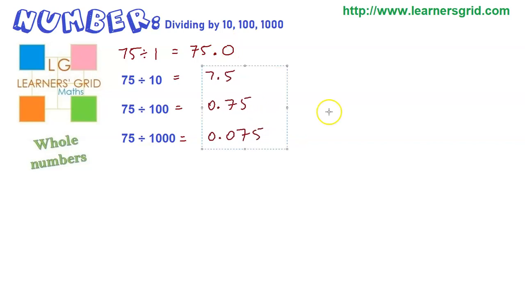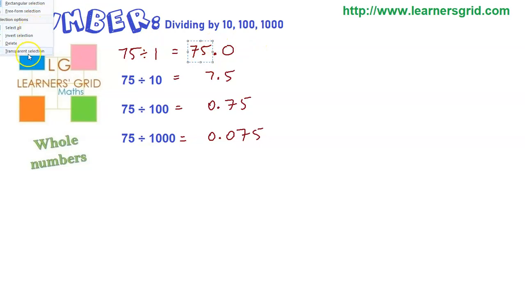something a little bit interesting in what's happening, because you might be able to notice that the 75, when I divided by 10, it moved over, so that these digits moved across towards the right and became 7.5, right?